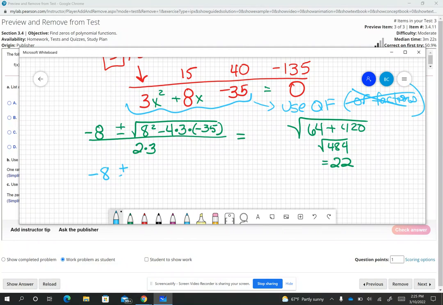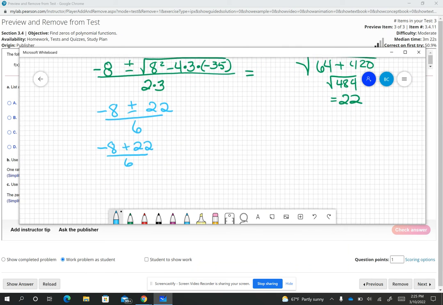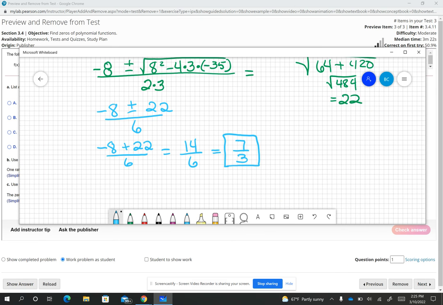So negative 8 plus or minus 22 over 6. So that's negative 8 plus 22 over 6. Let's see what that is. That's 14 over 6, which reduces to 7 over 3. That's one of my answers. Now, hey, look, that's in my list.